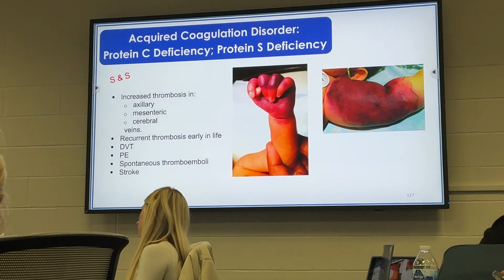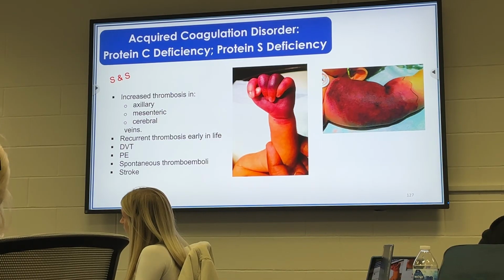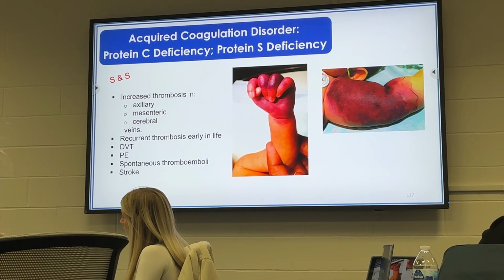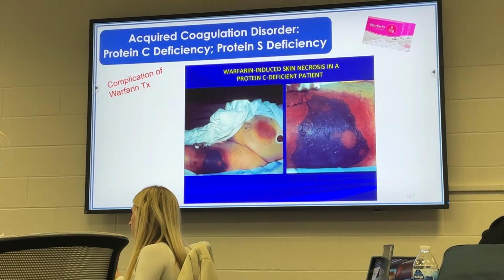Protein S levels, again, too much clotting, too many platelets are gonna cause all these same problems with too thick of blood, an increased risk of stroke, blood clots, embolus, thrombosis, all that stuff. Anticoagulant therapy, we talked about that. Complications, of course.